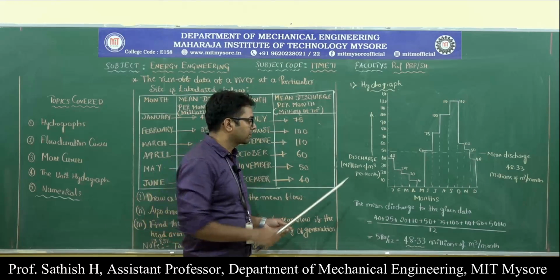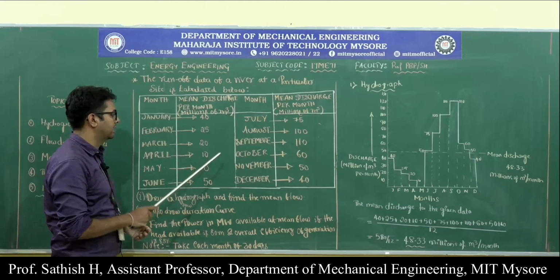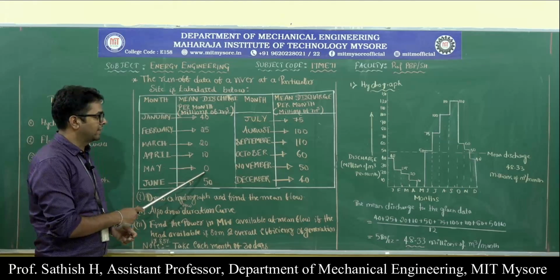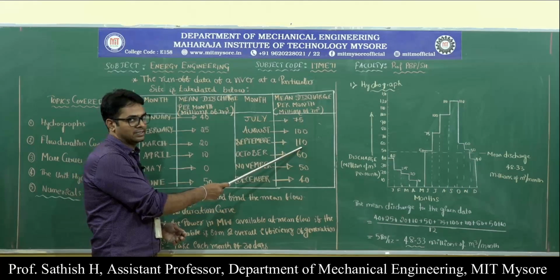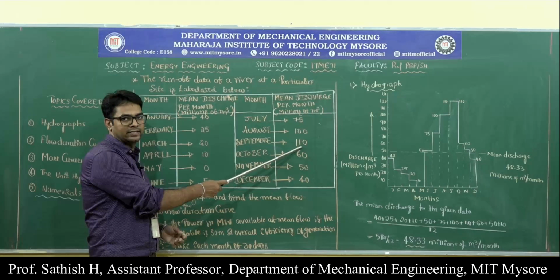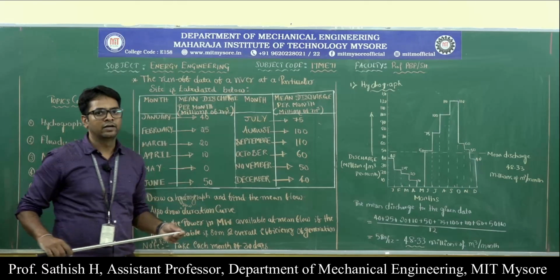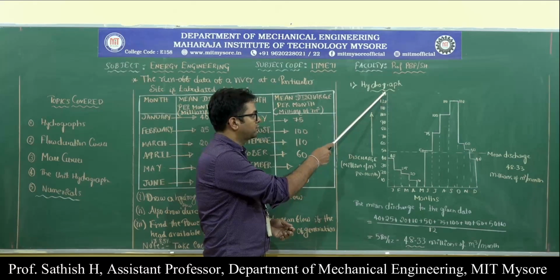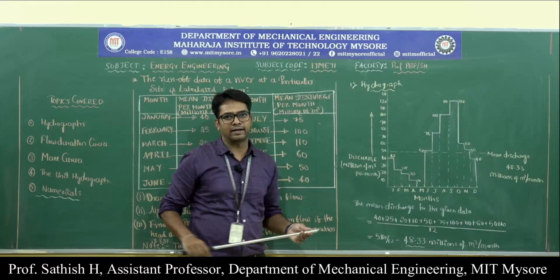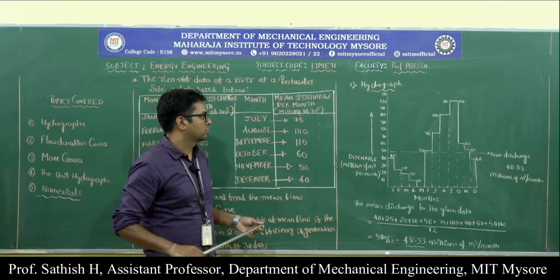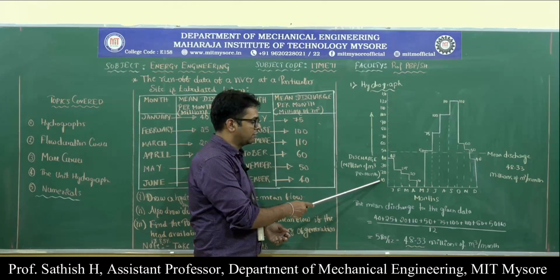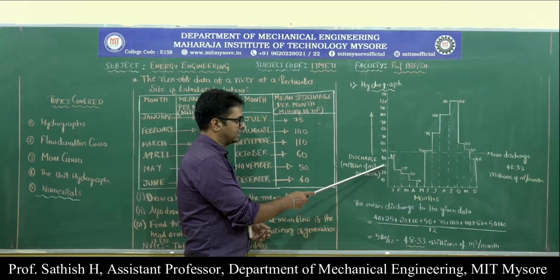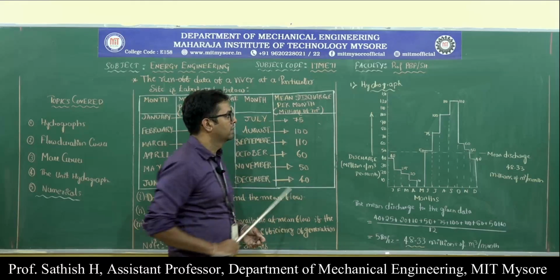If you look at the data here, the least discharge is in May, that is 0, and the maximum is in September, that is 110 millions of meter cube per month. So here I have taken 0 and gone up to 130 in steps of 10 millions of meter cube: 0, 10, 20, 30, 40, 50, 60 and so on up to 130.